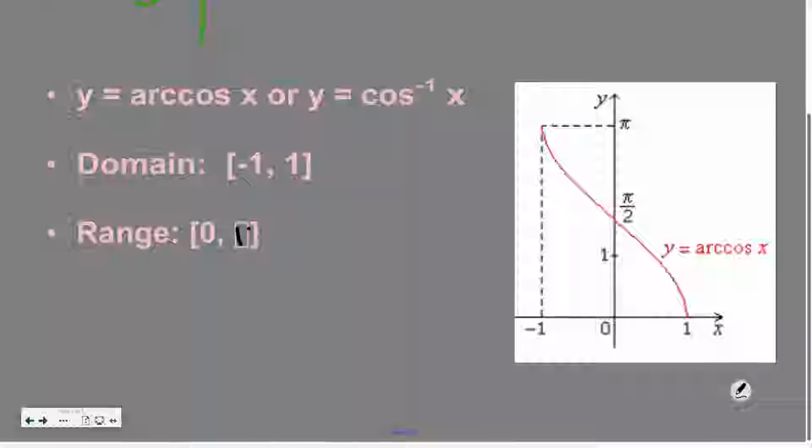Once again, we can notate it as arc cosine or inverse cosine. Once again, it has a domain from negative 1 to 1. Our inputs are from negative 1 to 1, just like those values on the unit circle. But now our range is different. It's 0 to pi.